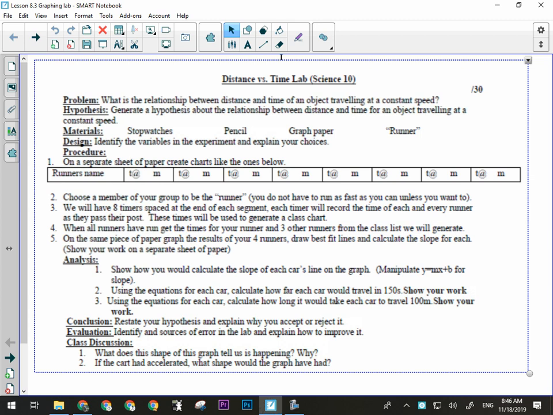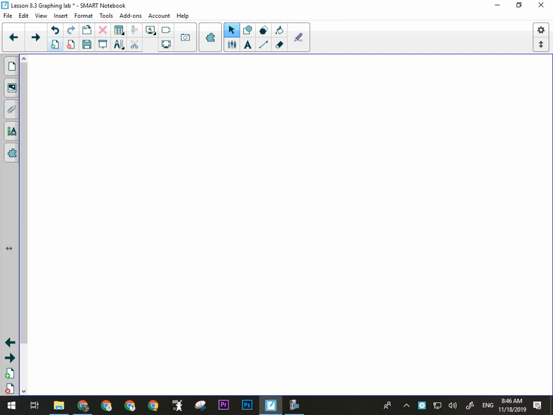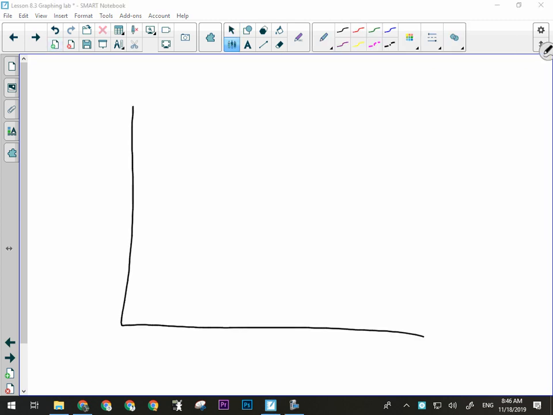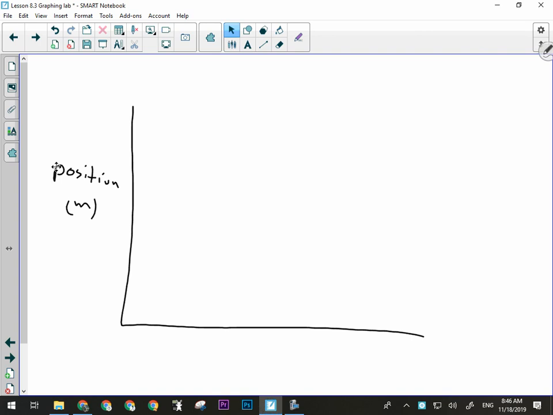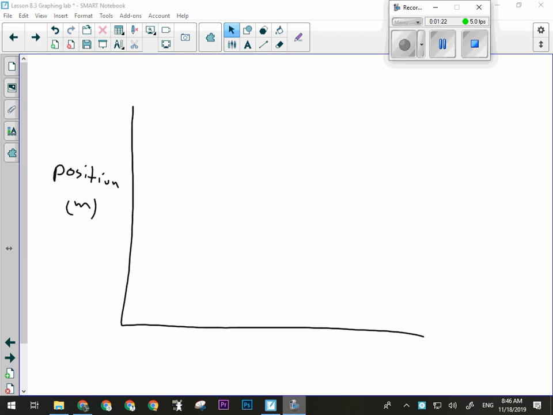If I had an object traveling at a constant speed, and I had a graph of its position and time, what is that graph going to look like? It's going to look like a straight line. Not horizontal though, right? Okay? It's going to look like a straight line going up.